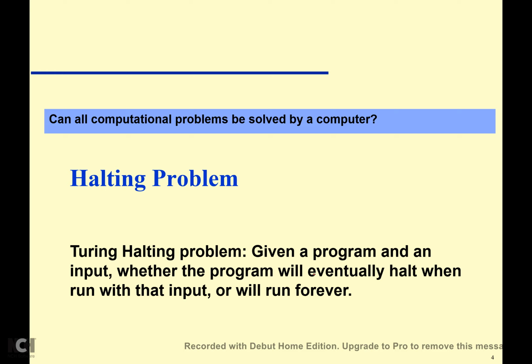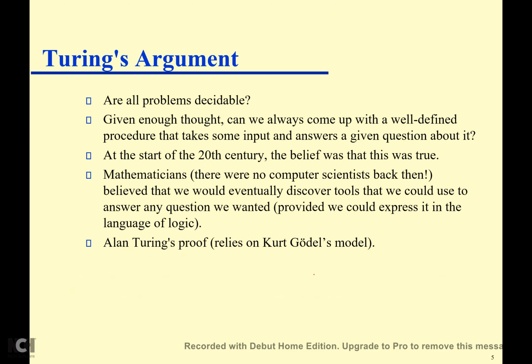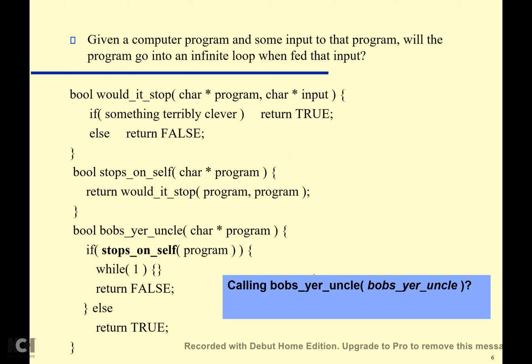Alan Turing proved that when he was around your age, maybe a little bit older. And his proof is in a very small C++ code, given a computer program and some input to that program, where the program goes into an infinite loop when fed that input.